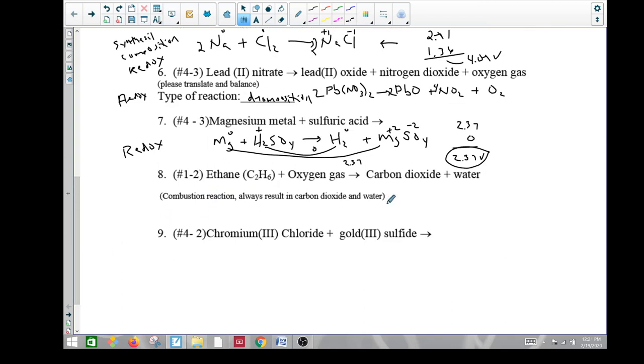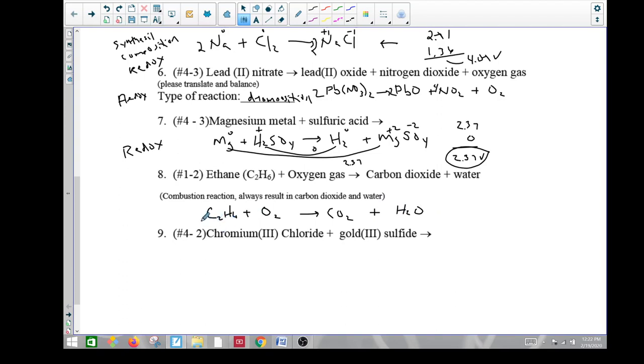Keep her moving. Alright, so we got ethane. We have C2H6 plus a diatomic gas of O2 yields carbon dioxide plus water. You should probably be aware of these products anyways. We did this earlier in the year. But there we go.